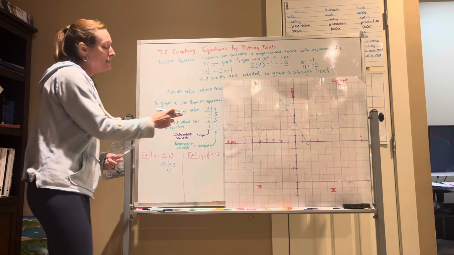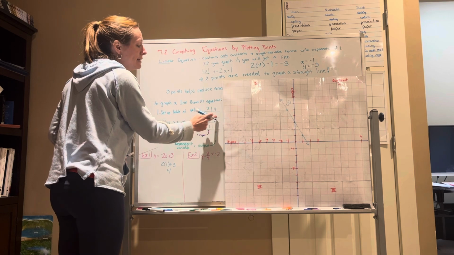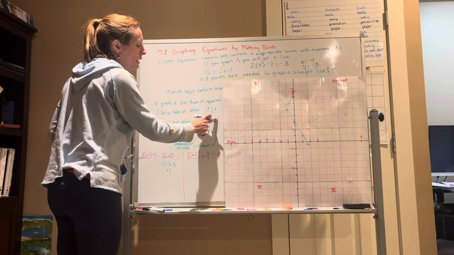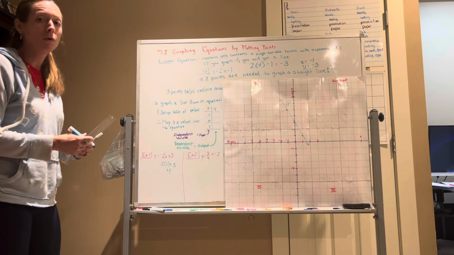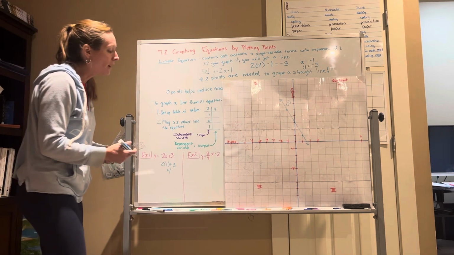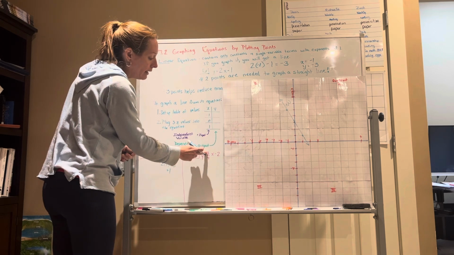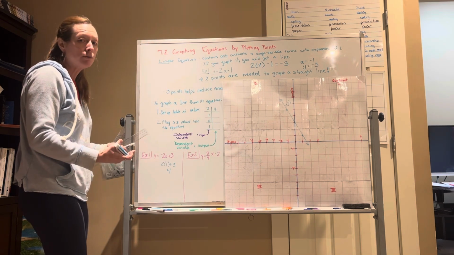Now, I did just tell you that 0, negative 1, and 1 are the easiest values that you want to plug in. But sometimes it's a good idea to look at your problem that you're needing to solve. Because if I multiply negative 1 times 3/4, I'm going to get a fraction.